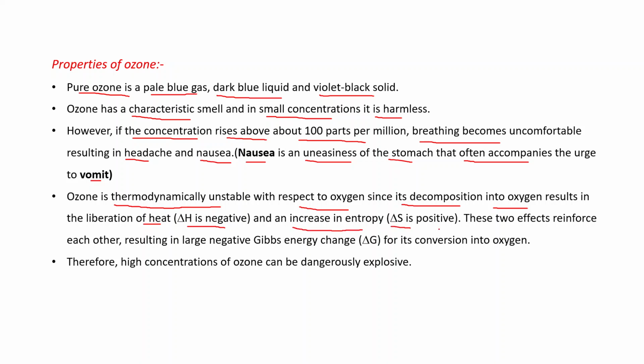And these both factors reinforce each other, resulting in a large negative Gibbs energy change. That is, delta G is negative for its conversion into oxygen. That's why ozone is thermodynamically unstable. Therefore, high concentrations of ozone can be dangerously explosive.